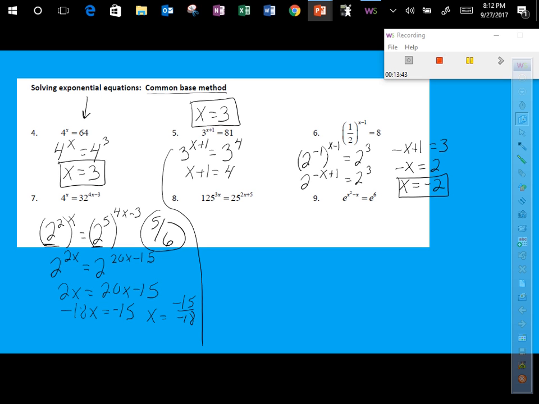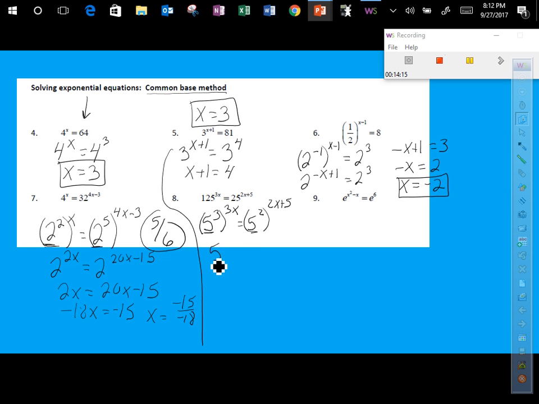Number 8 won't be bad. Between a 125 and a 25, it looks like a 5 is my common base. So I'm going to think of 125 as 5 to the third, to the 3x equal 5 squared to the 2x plus 5. So I got my base the same.